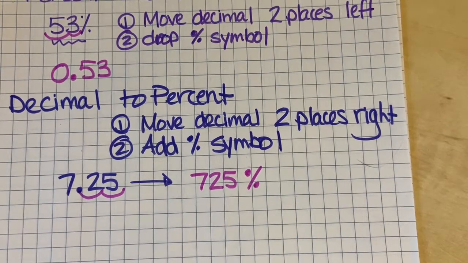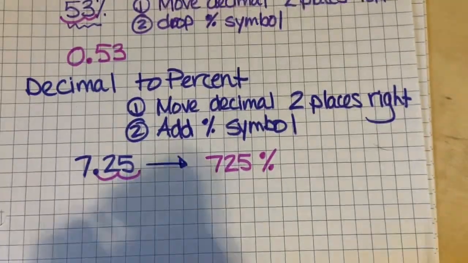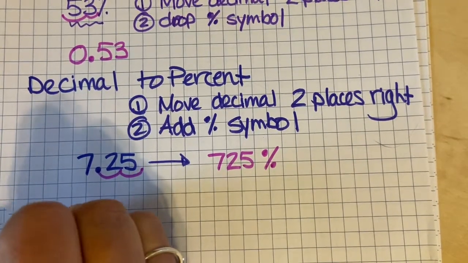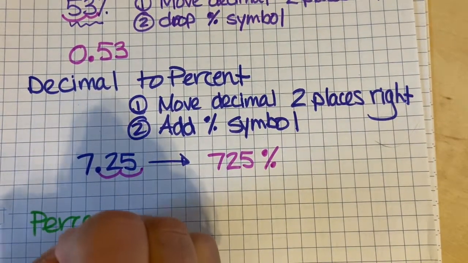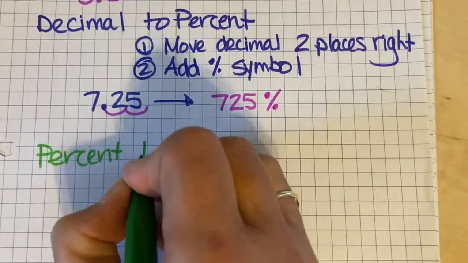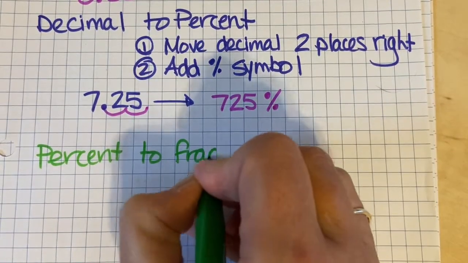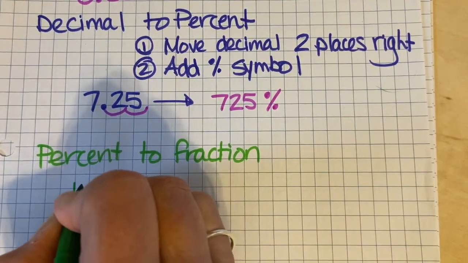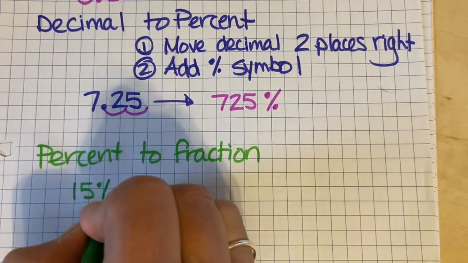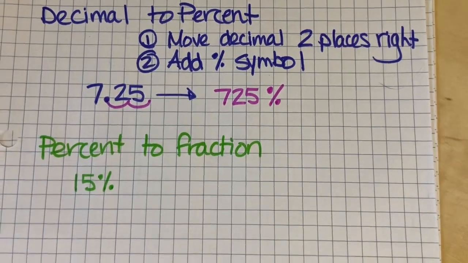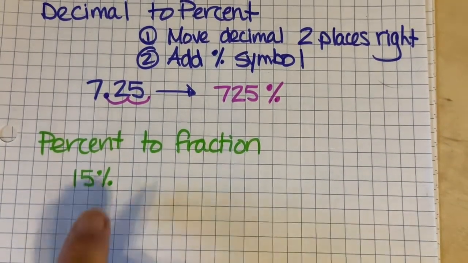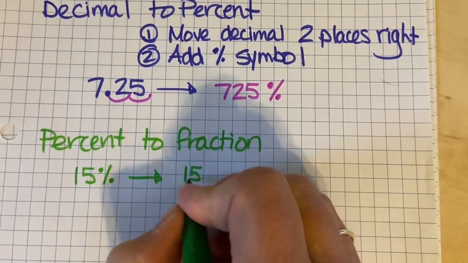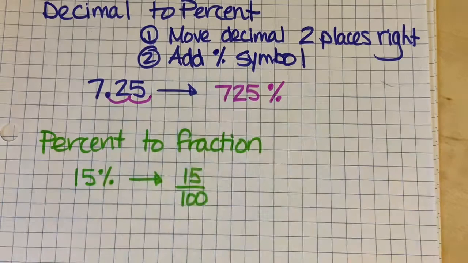All right, let's change a percent to a fraction first. So let's say I've got 15%. We're using the same thinking: that literally means 15 divided by 100, which I can write as 15 over 100.